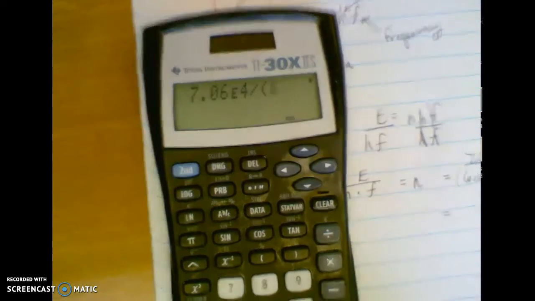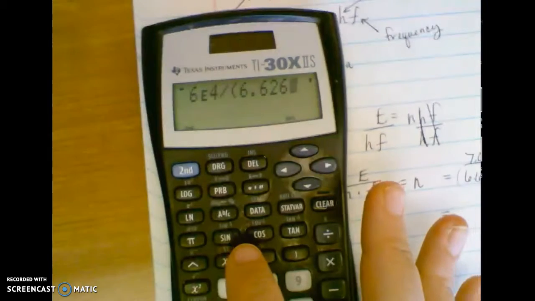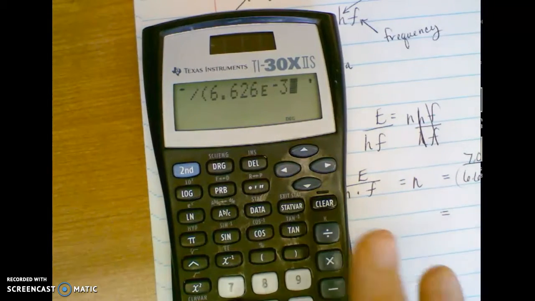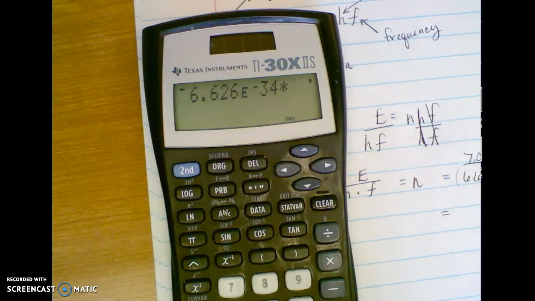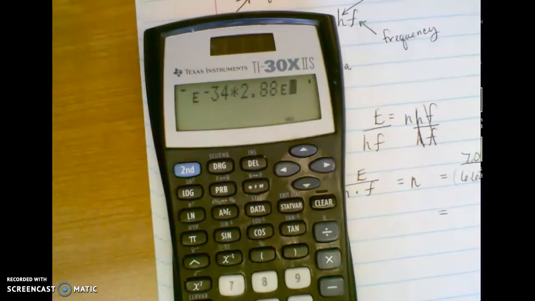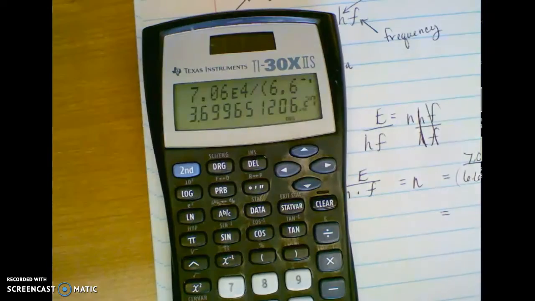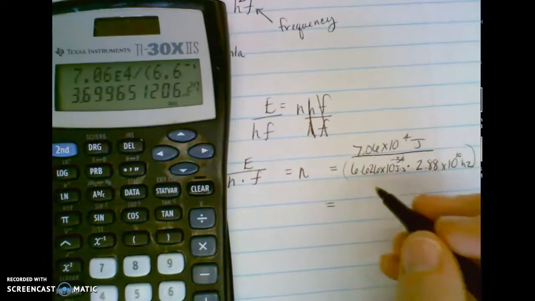And then I'm going to divide it by 6.626 times 10, or EE, negative 34, times my 2.88 second EE, 10. And I get 3.7 times 10 to the 27.